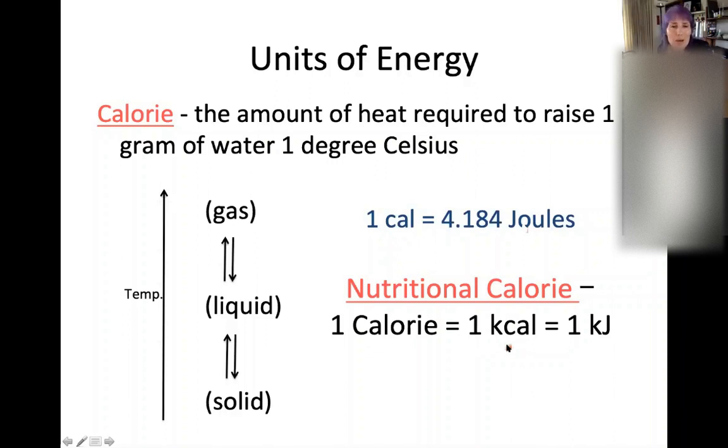So in the lab, that's one of the issues we take a look at, calories versus nutritional calories. In that energy lab, we burn some food, and then we try to calculate how much energy is in it. Okay. So a calorie is the amount of heat it takes to raise 1 gram of water by 1 degree Celsius. So it's a very specific amount of energy.